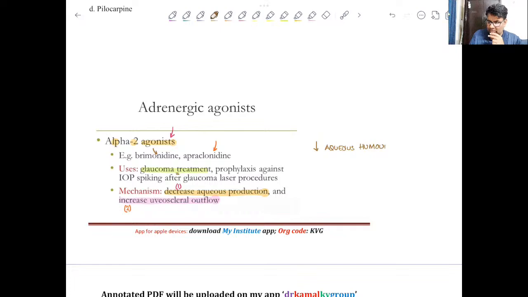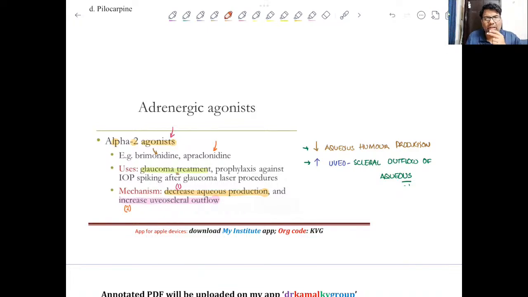So they decrease aqueous humor production, and moreover they increase uveoscleral outflow of aqueous. Clear? So acting on two fronts, because we know that the pathology in glaucoma is what?